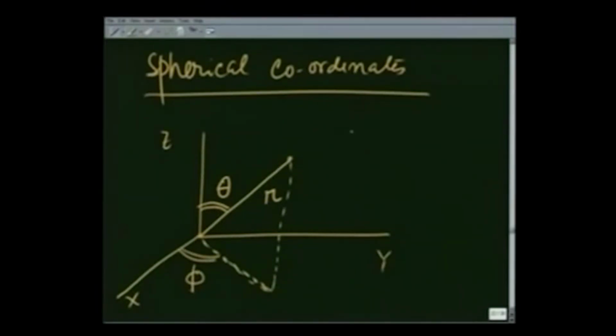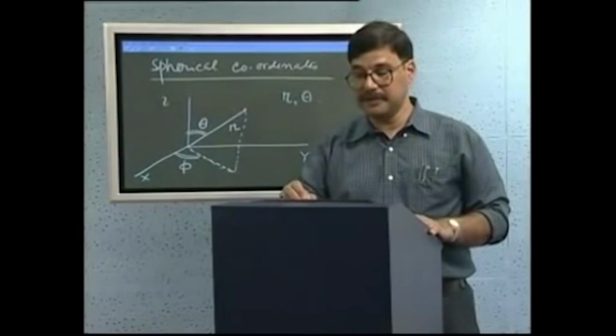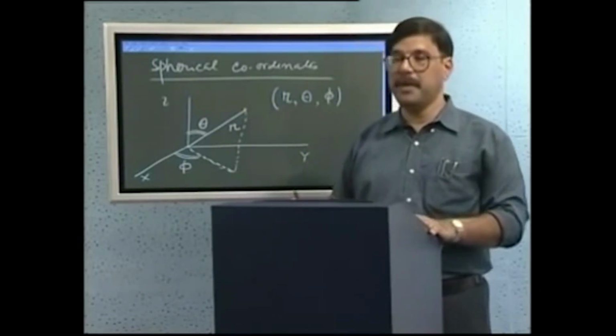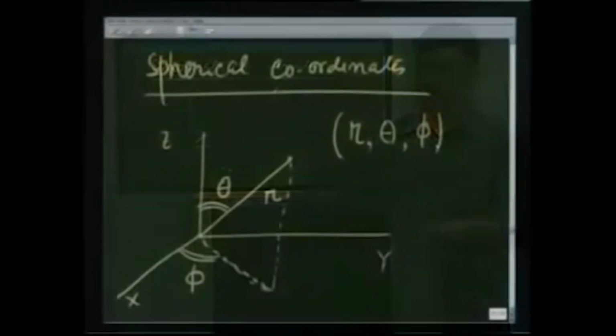So, now I am using r the distance from the origin, the angle theta that is made from the z axis, and angle phi that the projection of r makes from the x axis.